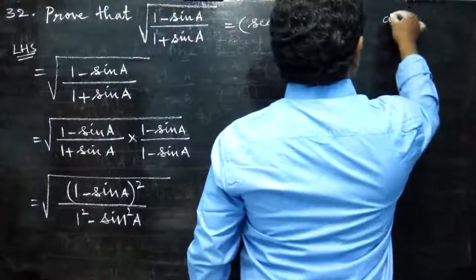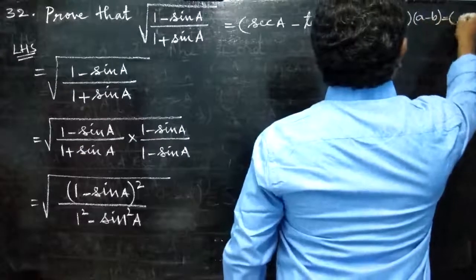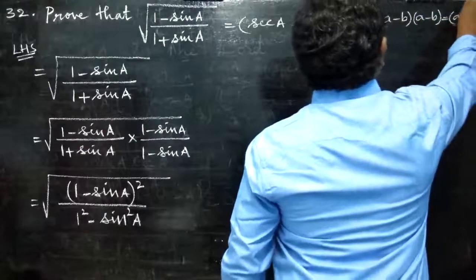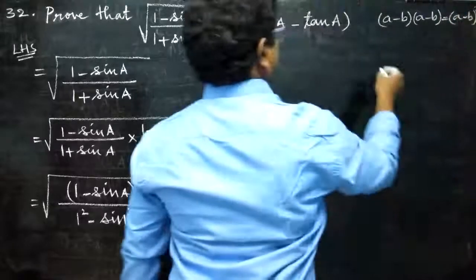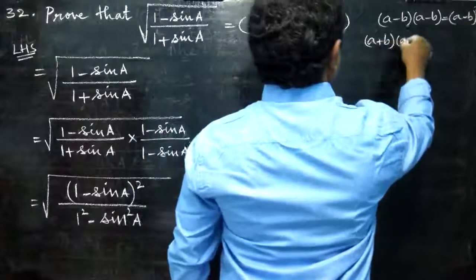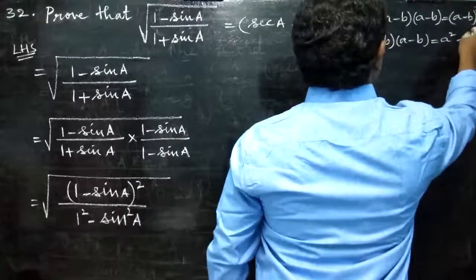A minus B into A minus B is equal to A minus B whole square. In the same way, A plus B into A minus B is equal to A square minus B square.